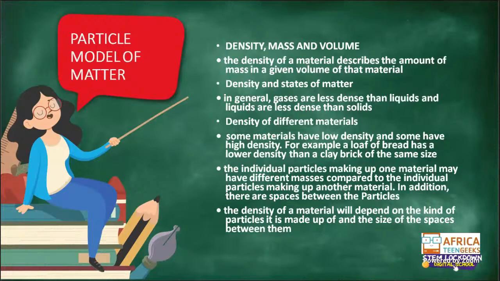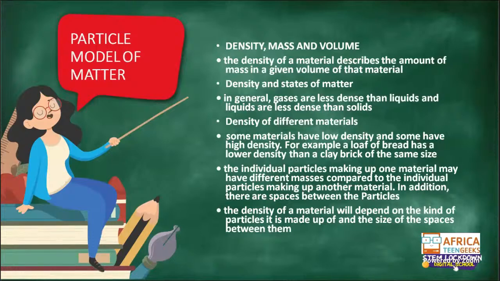Or we can compare a single page of paper and a book. Depending on the type of textbook, if it is a very big textbook, you can see that it will be heavier compared to a single paper. So some materials have low density and some have high density.